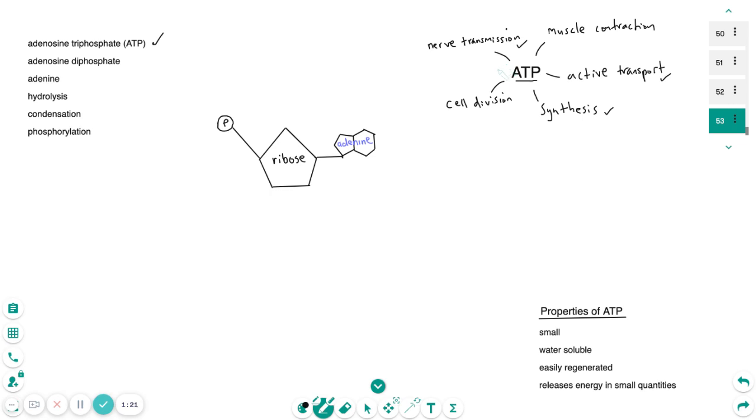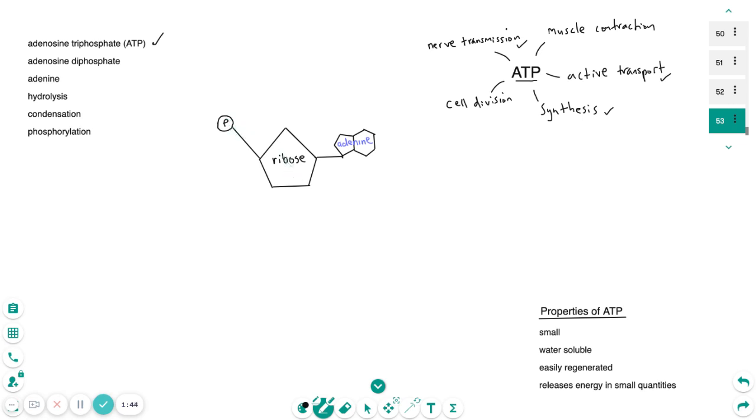So ATP is going to be a really easy one for you to draw, because if you remember doing nucleotides, then this is pretty much the same thing, just a couple of small differences. If you look at this here, it says ribose, it says adenine, and it's got one phosphate.